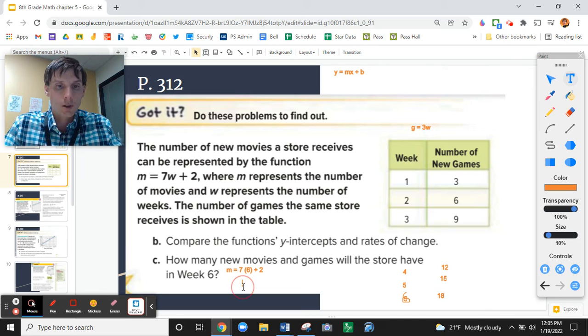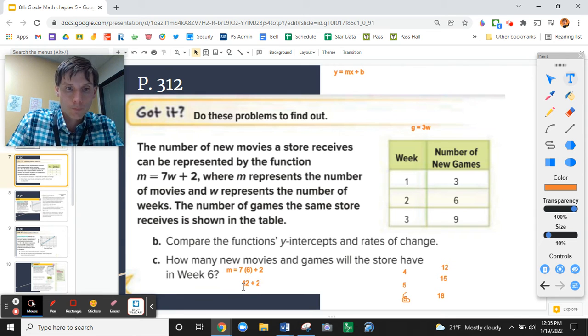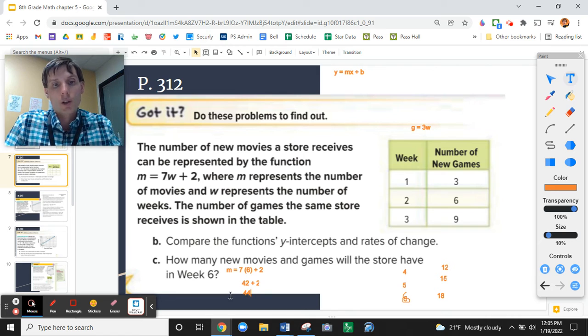If we add 2 to it, I'll go ahead and write this up, 2 steps. 42 plus 2 is 44. In other words, we have 44 movies in week 6. All right. So if we compare the two, 44 movies versus 18 games by week 6.